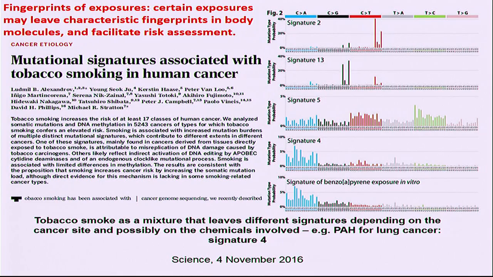For example, there is a signature 4, which is characteristic of lung cancer and larynx cancer and upper aerodigestive tract cancers, suggesting that this is characteristic of the sites or organs that are directly affected by smoking, have a direct contact with smoke, whereas other signatures are more typical of bladder cancer or pancreatic cancer.